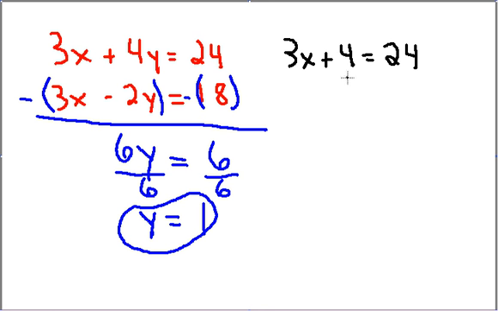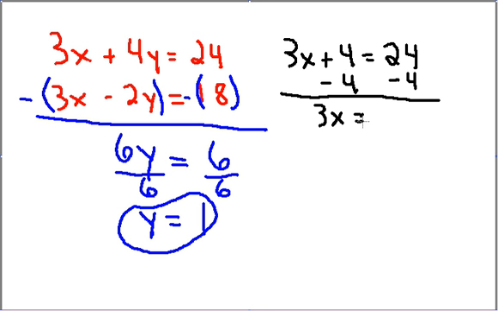Okay then, how are we going to solve for x? Well, our x term, 3x, is being added with a 4. So what we need to do is to subtract 4 from both sides. And what we're going to be left with on the left-hand side, 3x plus 4 minus 4 is just going to be 3x.